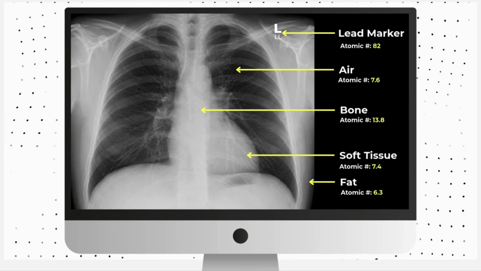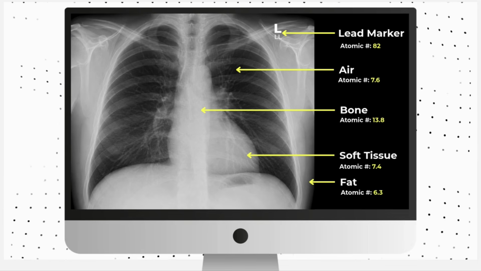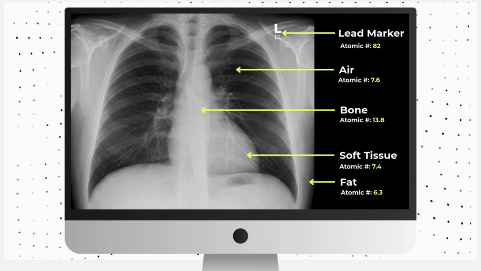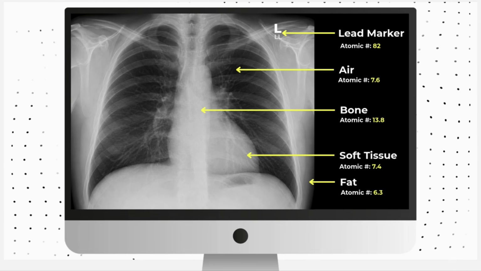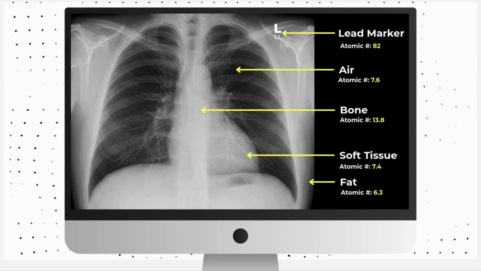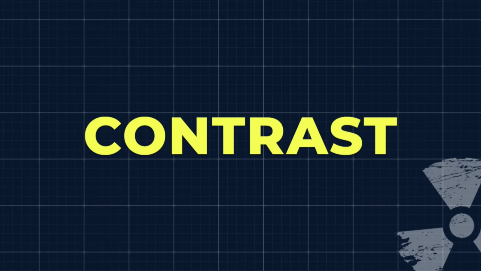Bone, on the other hand, absorbs more radiation because it has a higher atomic number and greater density compared with soft tissue. Since fewer photons reach the image receptor behind the bone, bone appears lighter on our radiograph. That difference between dark areas and light areas is contrast. And contrast is what allows us to actually see anatomy on an image. Without the differences in absorption, everything would look the same.